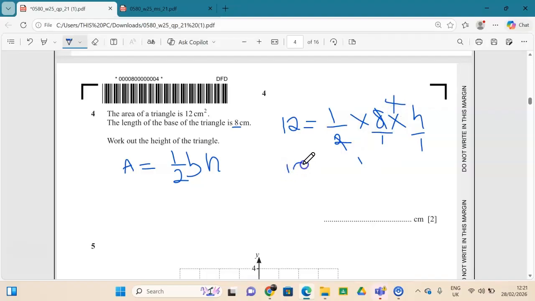So 12 will be equal to 4 times h, which is 4h. We divide both sides by 4, and h becomes 3. So h is 3 centimeters. Very easy.